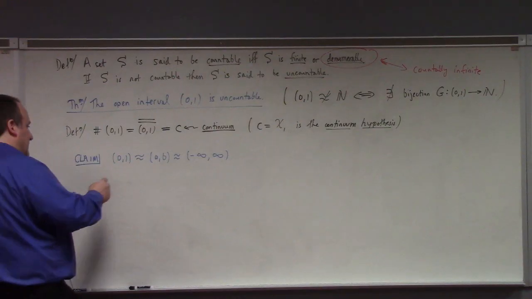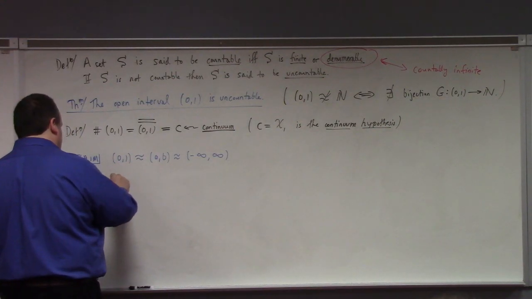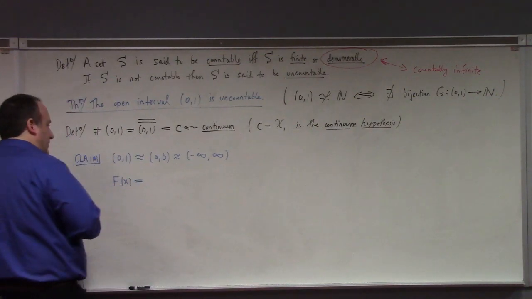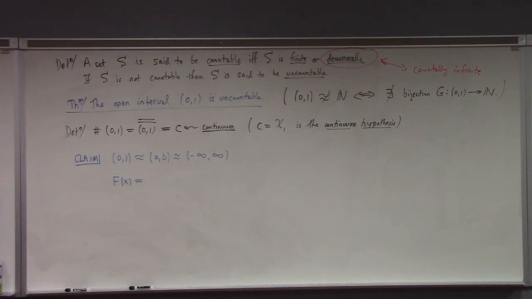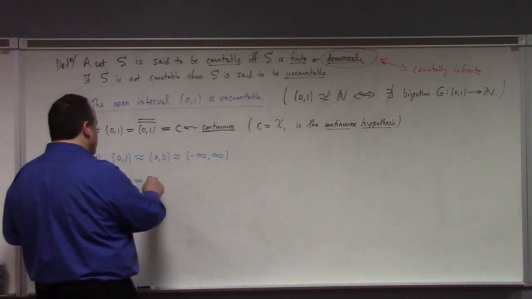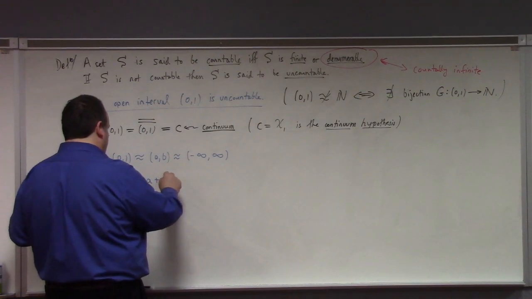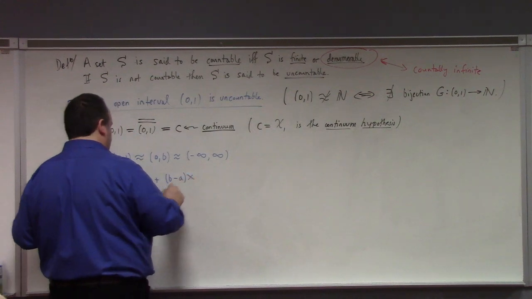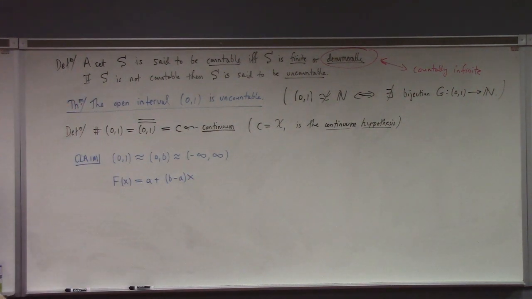I'll start out with (a,b). So f of x is equal to, I want a bijection to (a,b), so I would do a plus (b minus a) times x. Check out how that works. If I plug in 0, I would get a. If I plug in 1, I would get b.